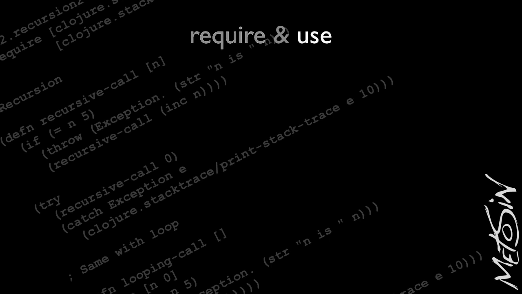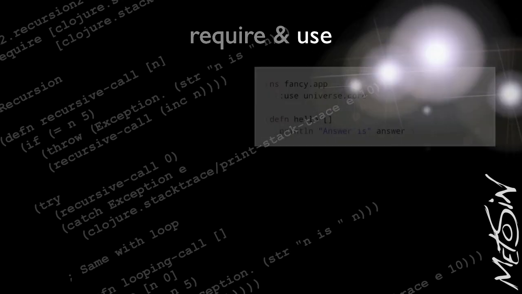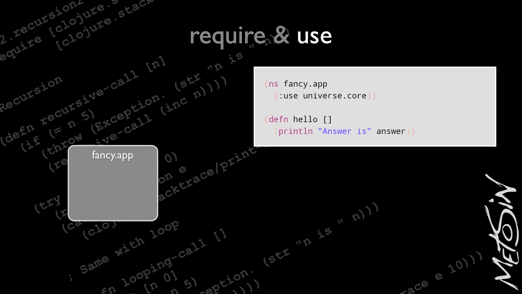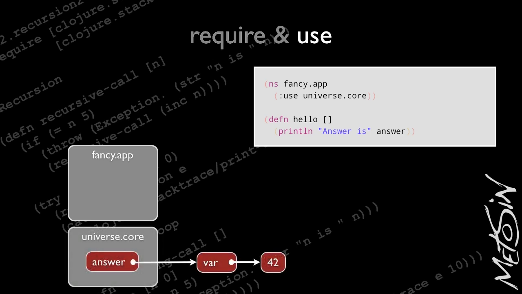Now the other thing that we can do with the namespace is use. Let's write the same application, but this time instead of requiring a namespace we use a namespace. So what happens? Well, first of all we get the new fancy app namespace. Then, as you might recall, the use implies the require, so here's the require part.